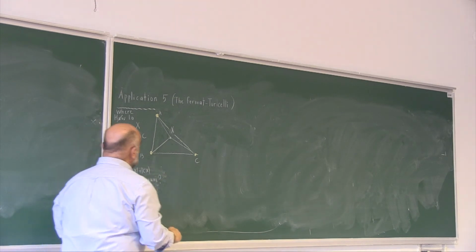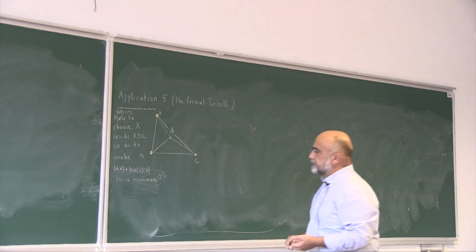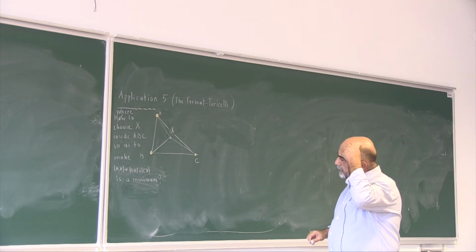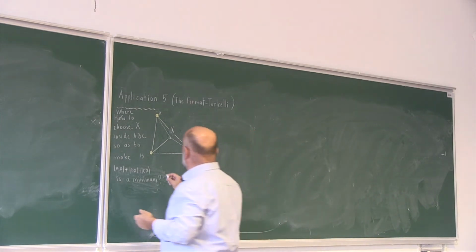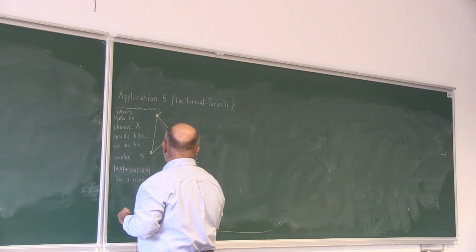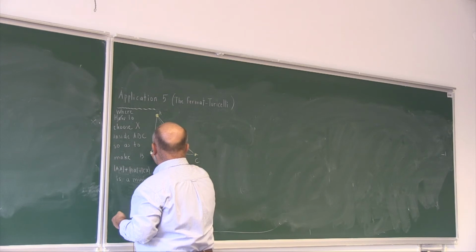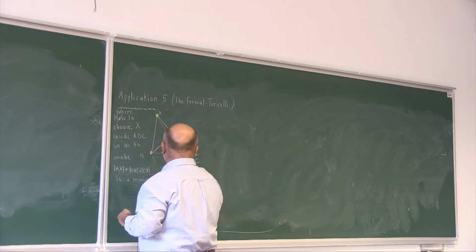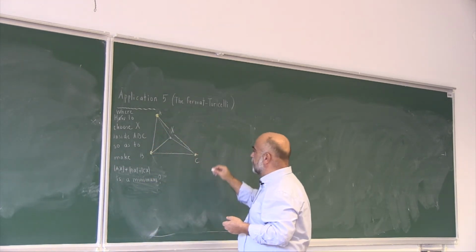Okay, so what Torricelli does is the following. He constructs an equilateral triangle on the outside of the triangle ABC, with one side coinciding with BC. That is just if you like.